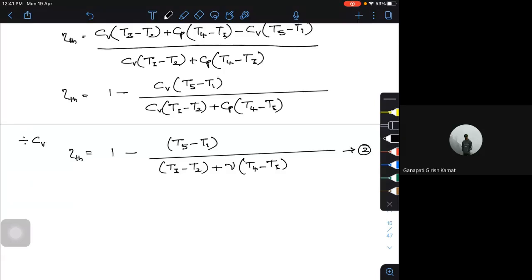Is it clear? Any doubts? No doubt, sir. Okay. Each and every step I have written in detail, so it will be easy for you. Then I'll move further and obtain the expression for the temperatures.